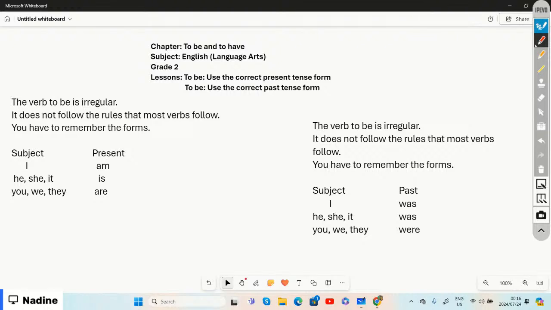So the subject is I. The subject is I. If we make mention of I, let's say, for example, you want to say how old you are, then you use the subject I, but you use the present tense verb, am.